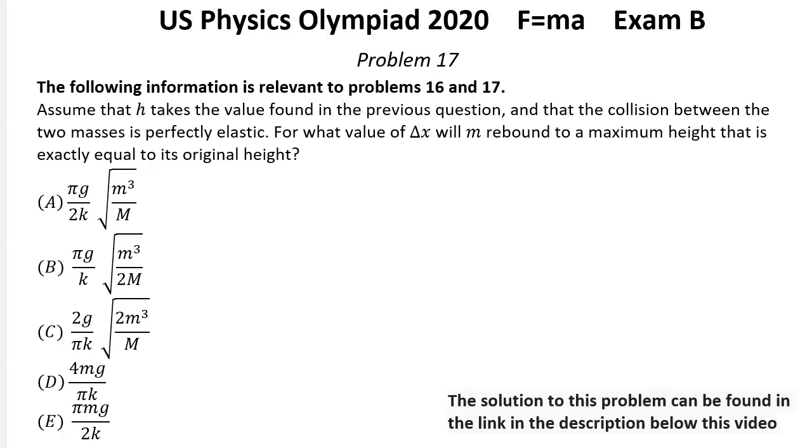Solution for problem number 17. For small mass m to rebound to the same height, it must go up after collision with the same speed that it had right before collision. It means that the two masses must collide with the same momentum to get the same speed with opposite directions.